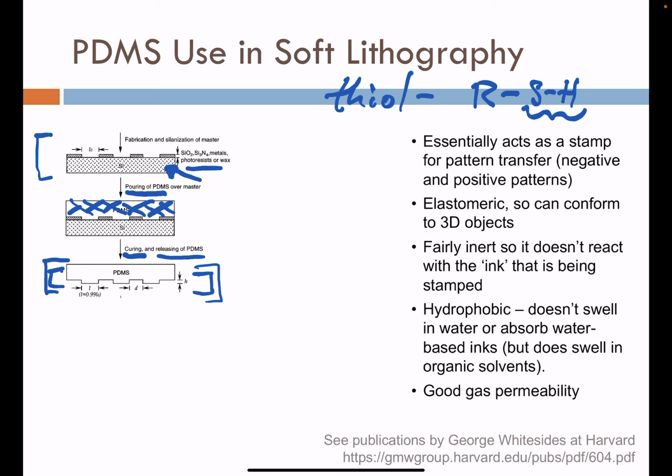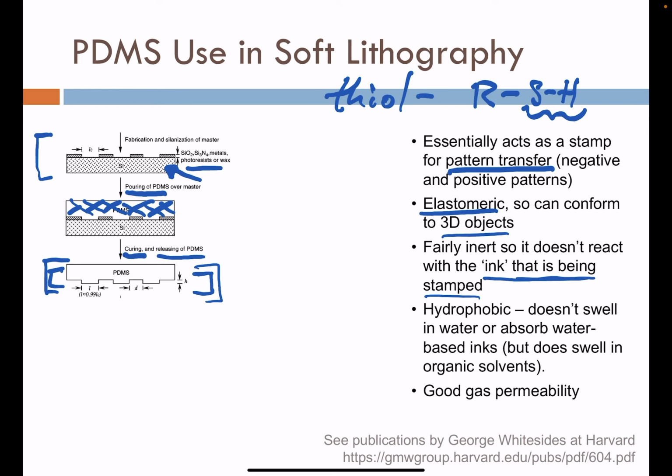So in this approach, our PDMS acts as a stamp for pattern transfer. And because it's elastomeric, it can conform to a lot of different topographies and 3D objects. It's inert, so it won't react with any ink that is applied thereafter. So that stamping technique will be successful.